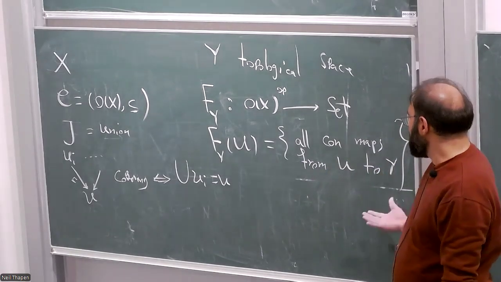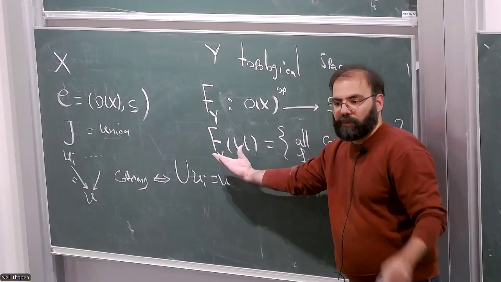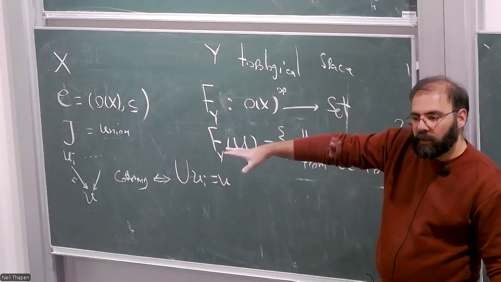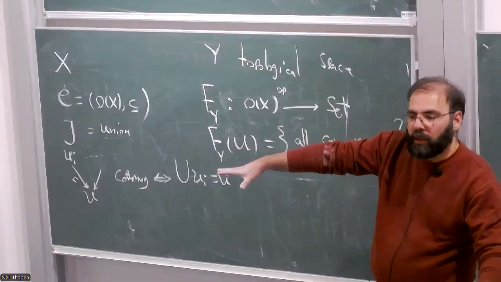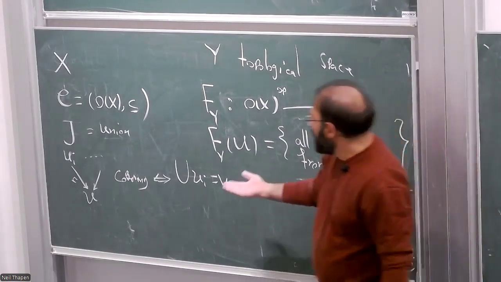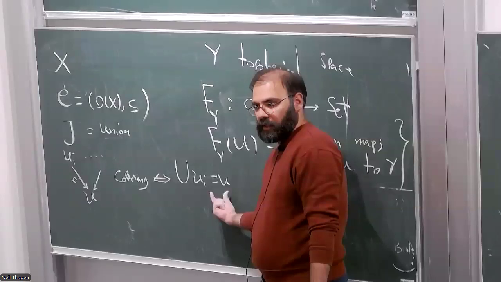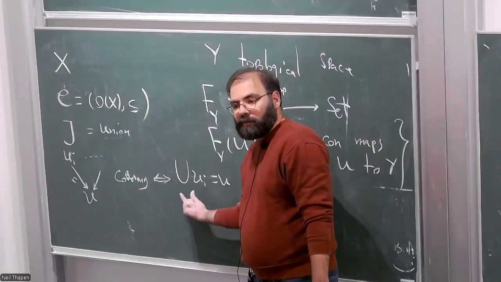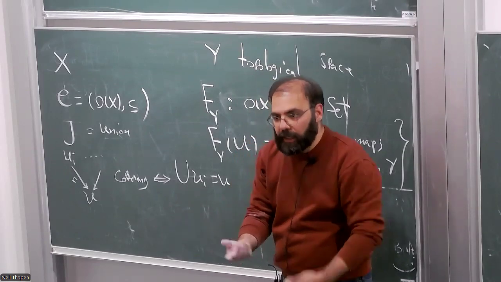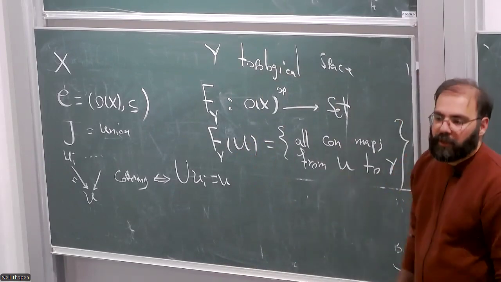Why? Simply because the elements here are just maps over U, and the target is always Y. So the sheaf condition simply says that if you have some maps over some U_i's that cover the big U, and on the smaller ones the maps are compatible, then you can glue them together to get one map over U. So that is the example of a sheaf.